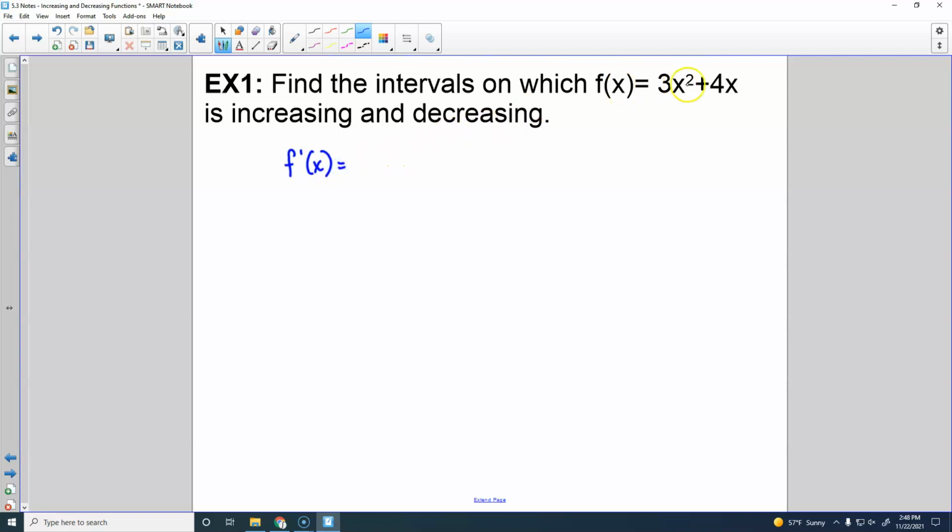Okay? So we get 6x plus 4. What we want to do with our derivative is we want to find the critical points of that derivative, because critical points are where our derivative equals 0 or our derivative is undefined. These are going to be the places where we switch from positive to negative, right?